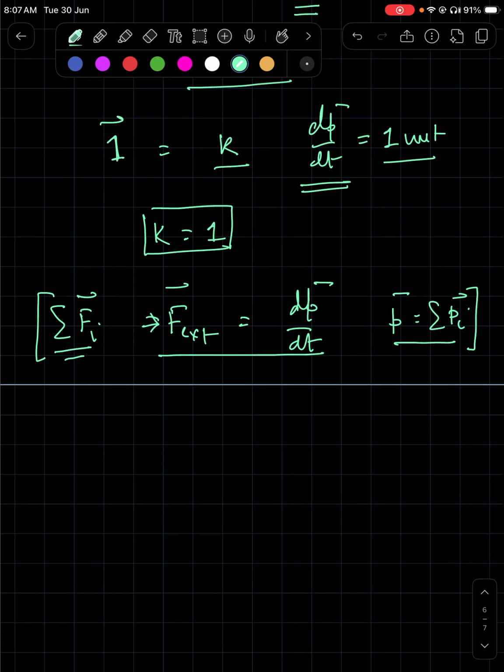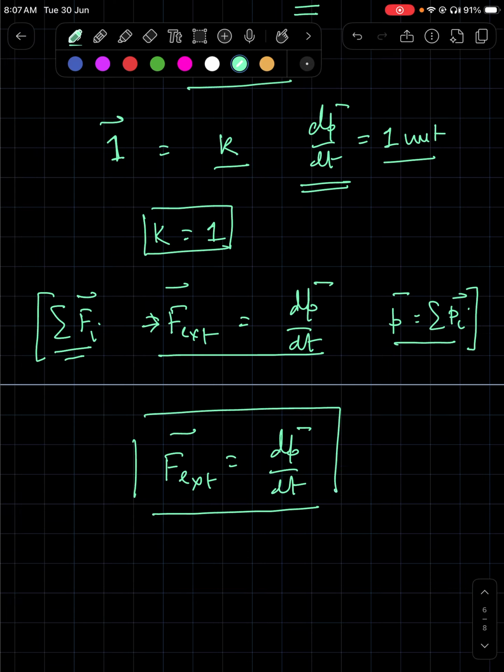One more thing I have to tell you is that this equation has some limitations. It is not applicable for those particles whose velocity is very near the velocity of light.